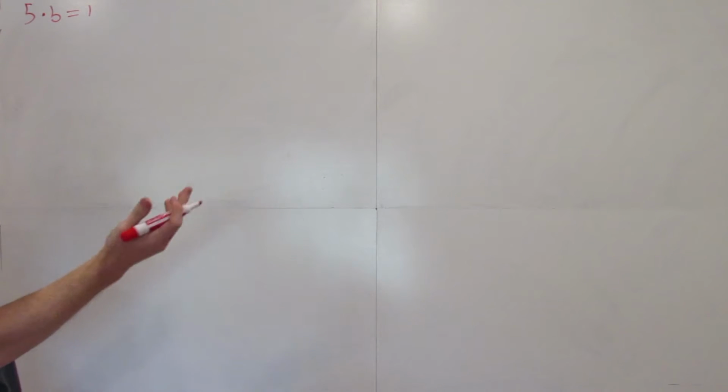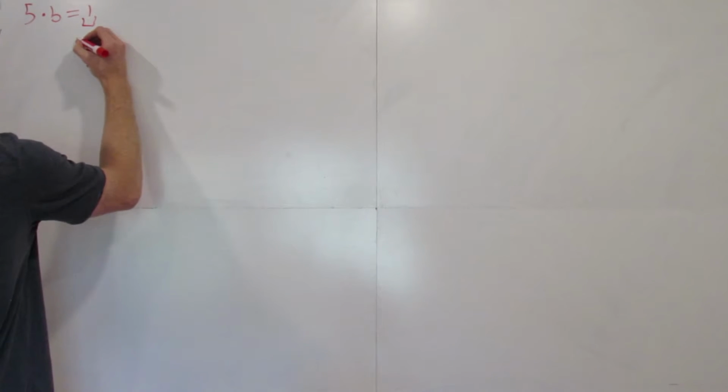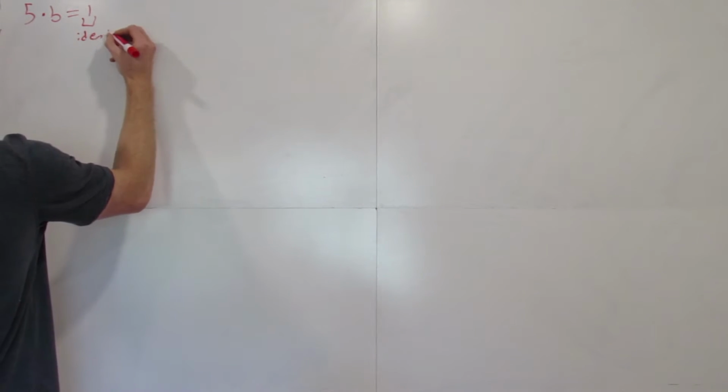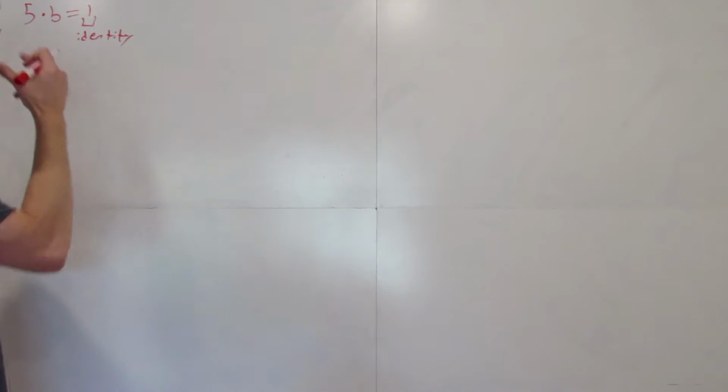And you might be saying that seems kind of arbitrary. Why are we bringing 1 in here? That's because 1 is what we call the identity. This is the identity element for multiplication.